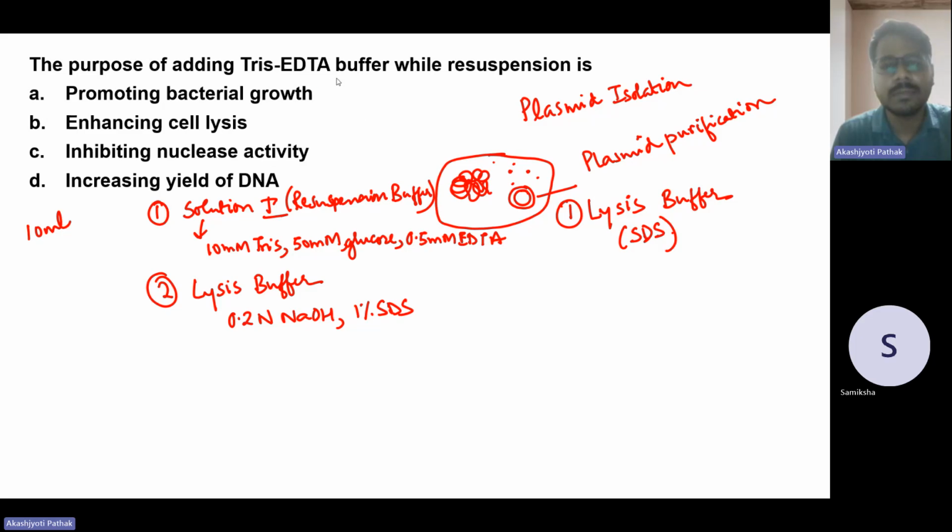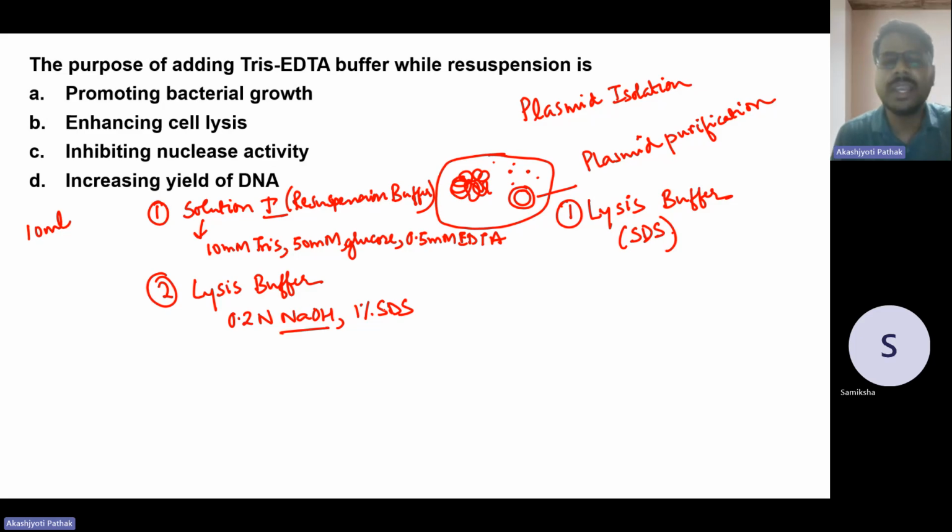So when you add EDTA to this culture, the EDTA chelates out these metal centers and inactivates these enzymes, RNases, DNases, so all this nuclease activity is restricted. And what does NaOH do?